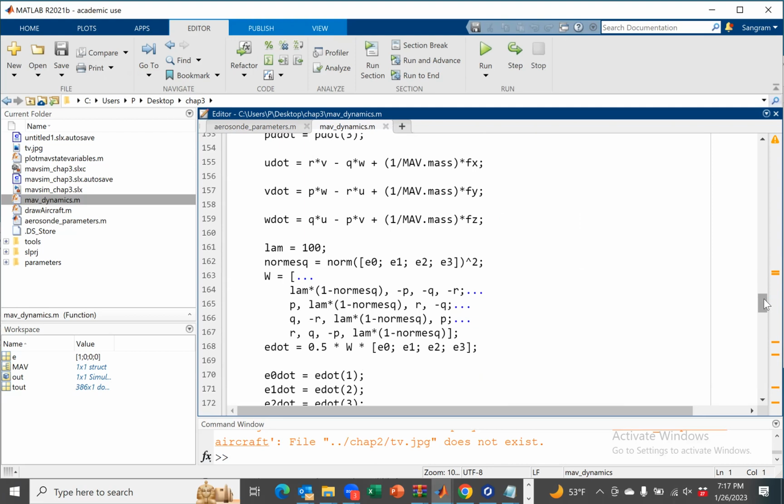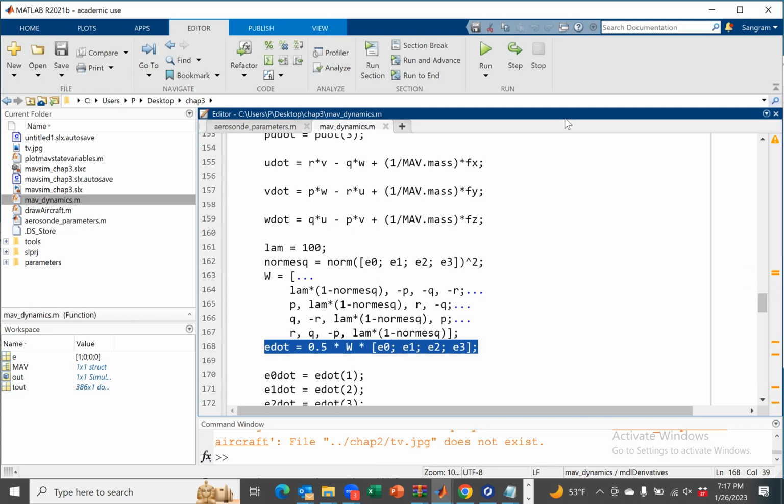That's why you need to supply some value of lambda so that quaternions can automatically be normalized. And this is that matrix. Can you see? Can you see W, this value minus P, Q, R, P, lambda, 1 minus normal R, P, Q, R. And finally, this is where you are propagating the quaternion.